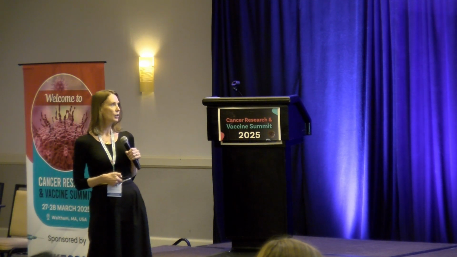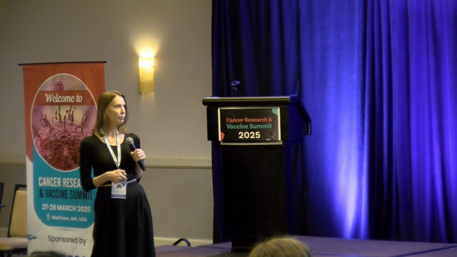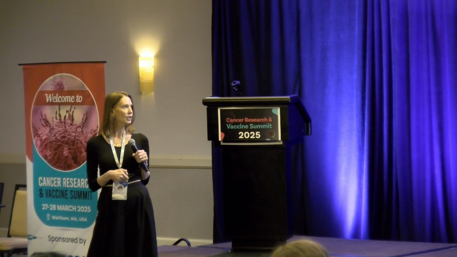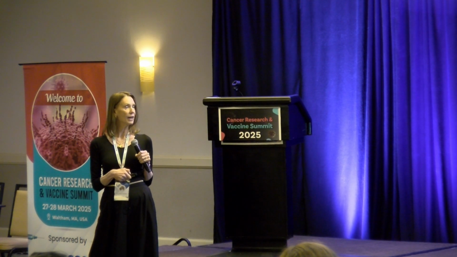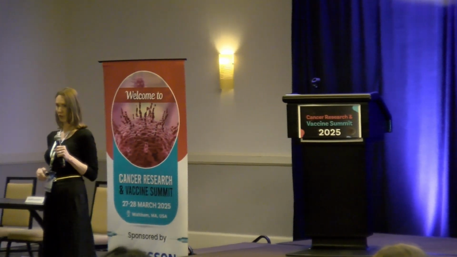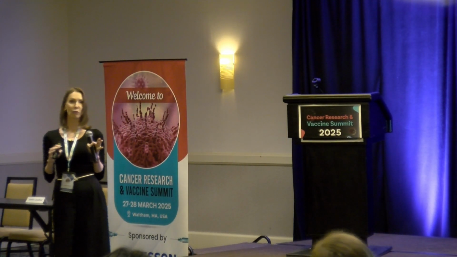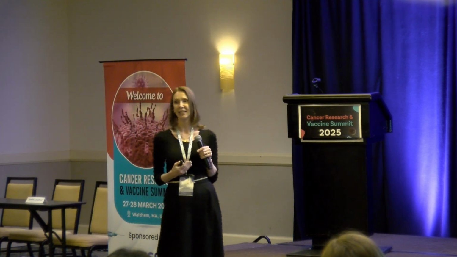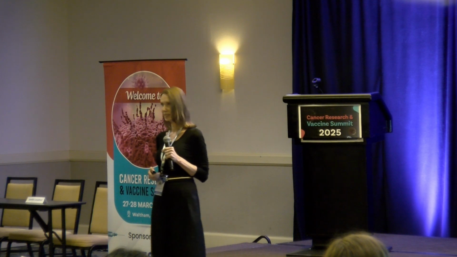Glutathione exists in two states. In this reduced state, but under oxidizing conditions, this cysteine residue can form a disulfide with another glutathione molecule, forming oxidized glutathione. And it's this ratio of reduced to oxidized that really mandates the redox status within our cells.